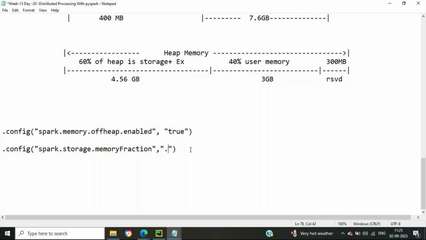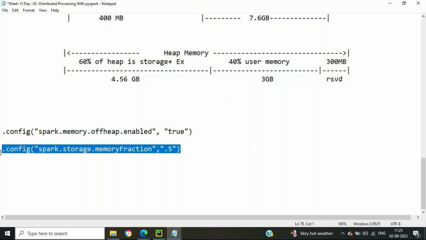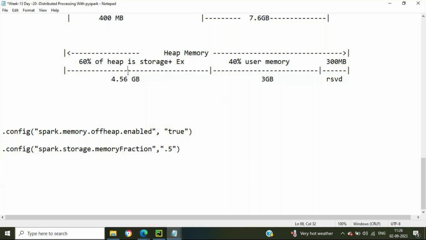We can fix it to 20, 30, or 60. That is decided by us. By default it is 50%, that is 0.5, and if you want to have more or less storage memory, then you can tune this particular parameter, and you can have that much storage memory or execution memory.